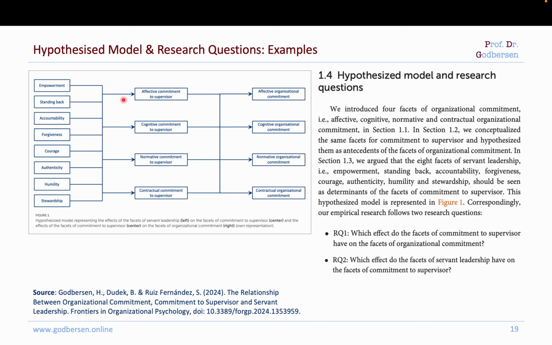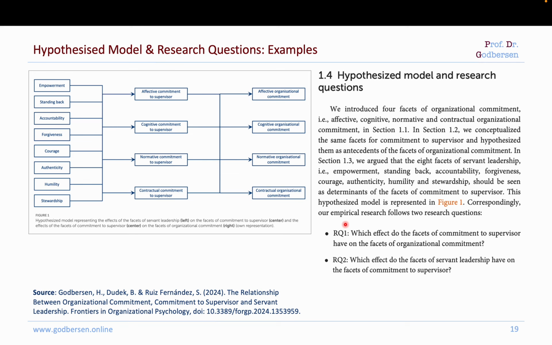On the left-hand side is the model with the facets of servant leadership, which we hypothesized influence the facets of commitment to supervisor, which in turn should have an impact on the facets of organizational commitment.